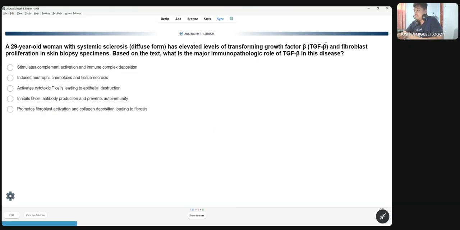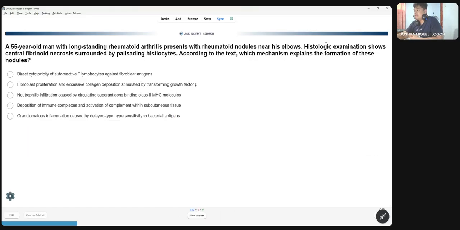Alright, diffuse form, TGF-beta, that would be your fibroblast proliferation. Near the elbows. Histologic examination shows central fibrinoid necrosis surrounded by palisading histiocytes.